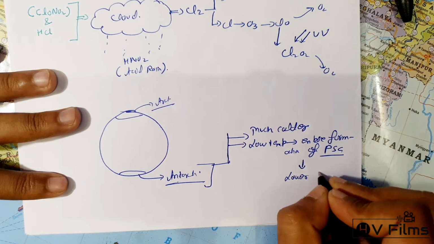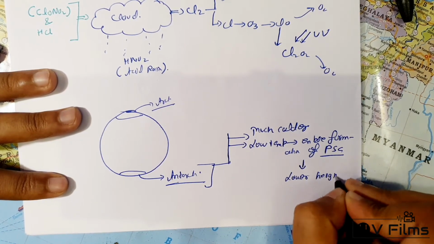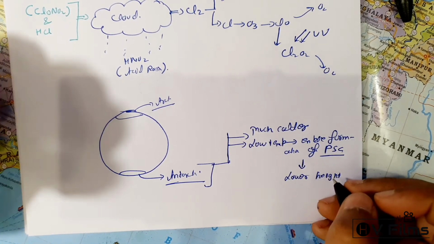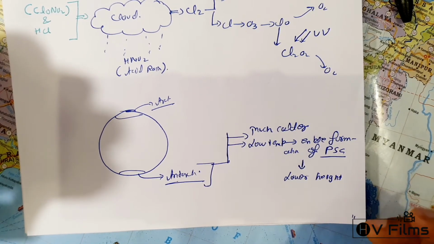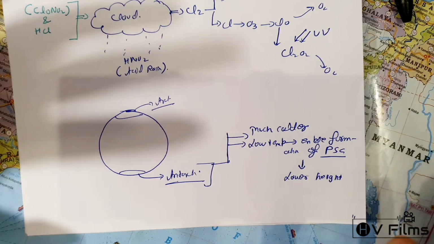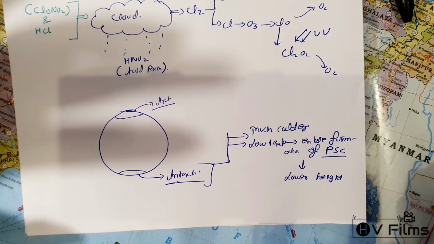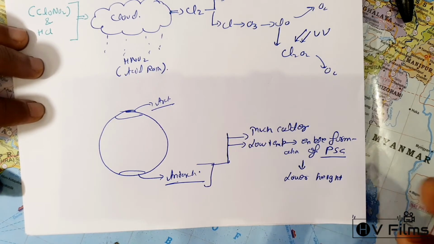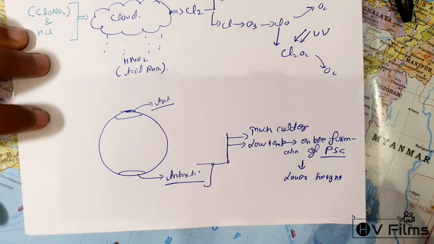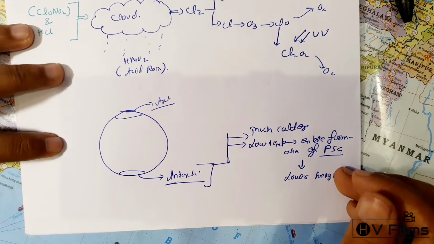In geography, you must have heard that the altitude of the clouds is lower at the poles, because at the equator they are pretty high. The troposphere has a height of around 22 to 25 kilometers, and when you go to the poles, it is like 12 to 15 kilometers. So yes, they have a lower height here.